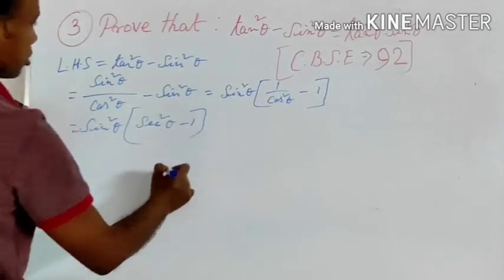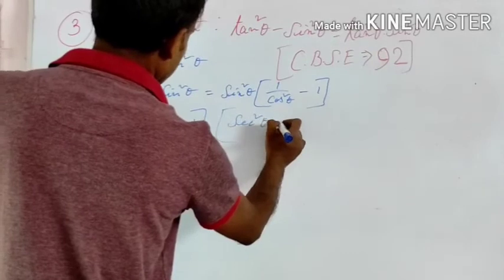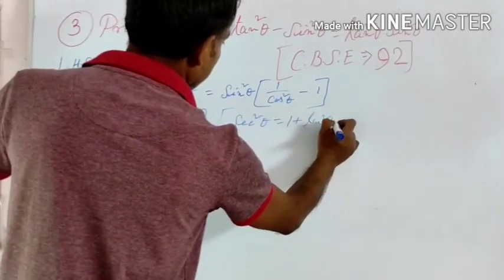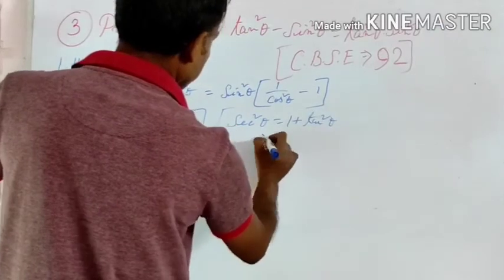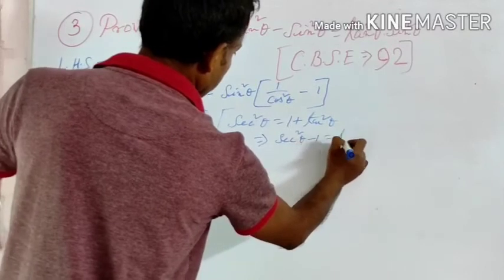minus 1. We know that sec square theta is equal to 1 plus tan square theta, or sec square theta minus 1 is equal to tan square theta.